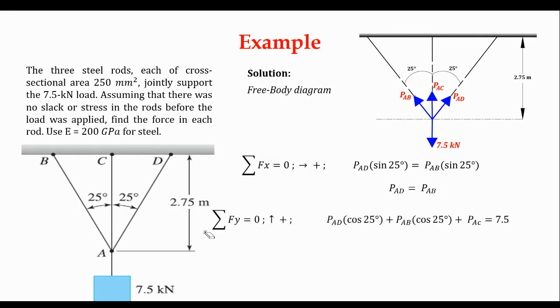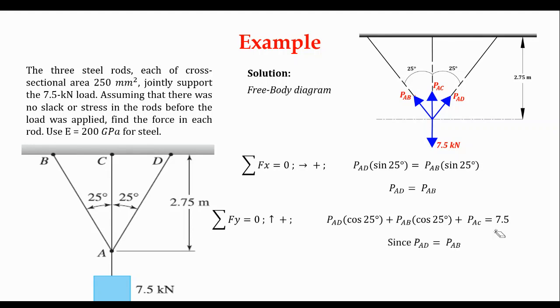So, we do summation of forces vertical, where positive forces are upward forces. Okay, so in the vertical, P_AD cosine of 25 plus P_AB cosine of 25 plus P_AC equal to 7.5.